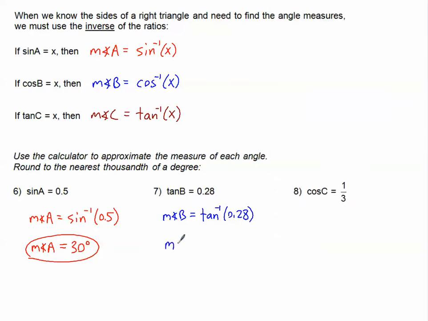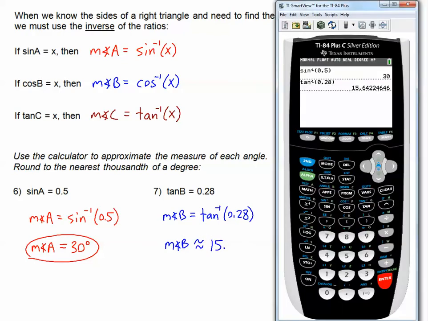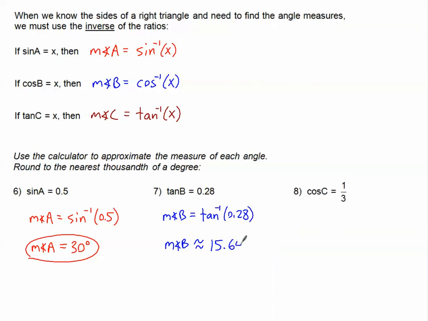So the measure of angle B is approximately 15.642. Don't forget your degree symbol. Don't forget your approximate symbol this time. And don't forget that it's the measure of angle B. That's how we properly format that.